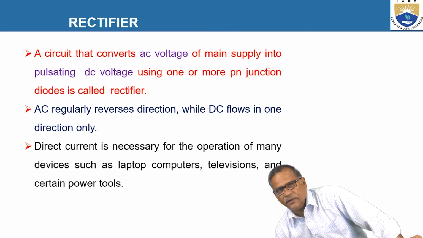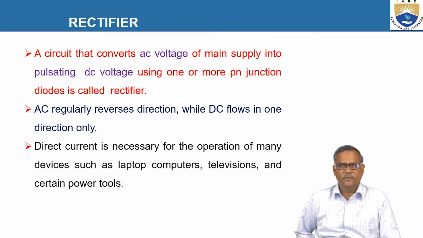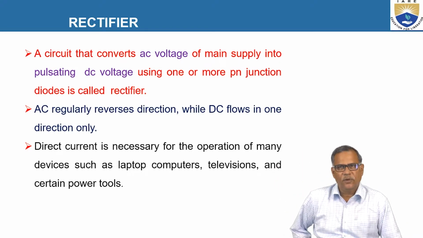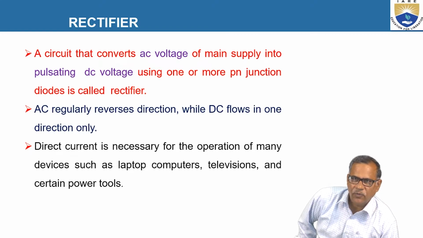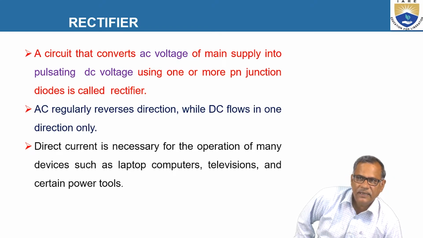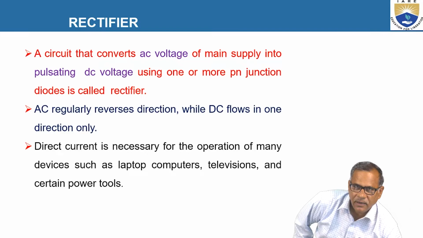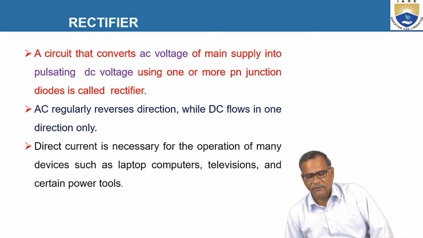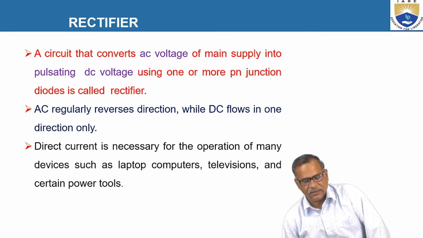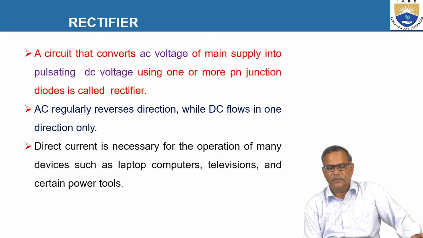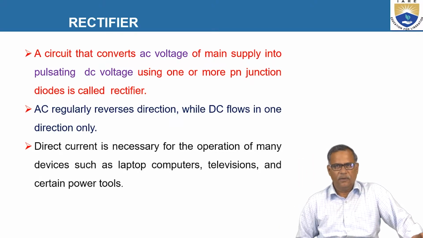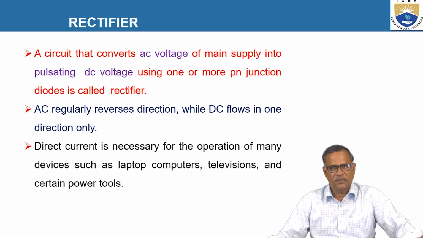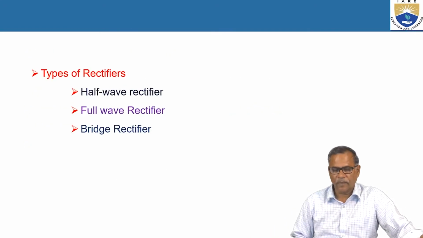AC regularly reverses the direction, so that means it changes from positive to negative and then from negative to positive, while the DC flows only in one direction. Direct current is necessary for the operation of many devices such as laptop computers, televisions, PCs and certain power tools.